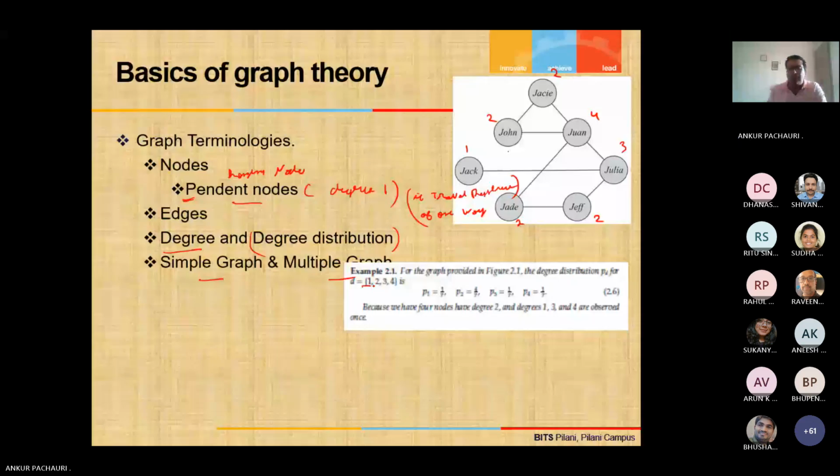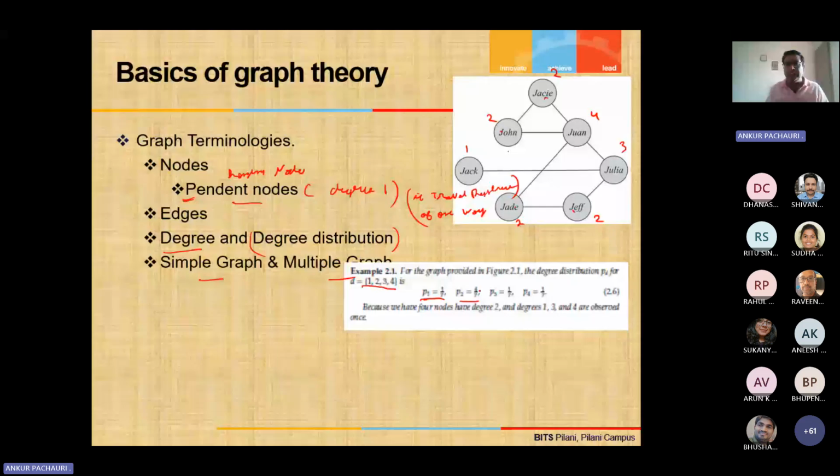Now, how many nodes are there with degree 1? P1 equals 1 by the total number of nodes, 7. What is the percentage of the nodes, or what is the dominance of the nodes with degree 1? 1 out of 7. For P2, how many nodes are there with degree 2? 1, 2, 3, 4.